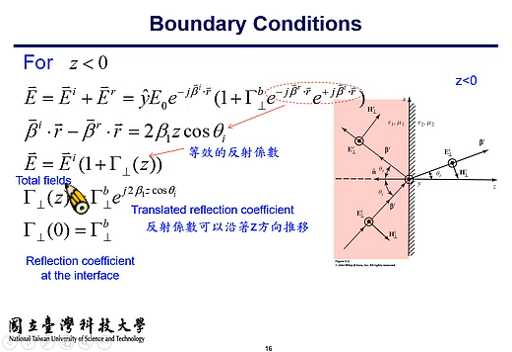Supposing that you are interested at somewhere in front of the interface, say z, then the effective reflection coefficient can be found as the product of the reflection coefficient at the boundary with phase adjustment. So here the phase adjustment term is beta 1 z cosine theta I, that is its projection along the z direction.